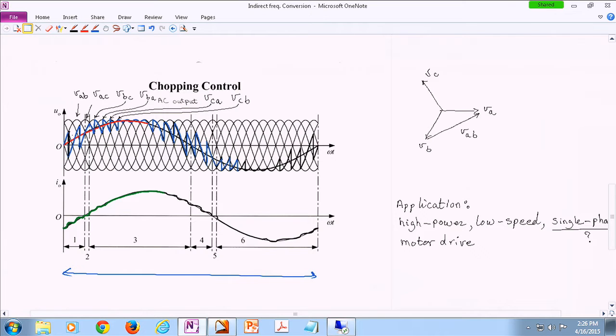Over here, we only had 6 phases, 6 line-to-line voltages. But using a phase shift transformer, we can actually generate up to 12 phases. So then your resolution would be even better, if the resolution is really important to you.